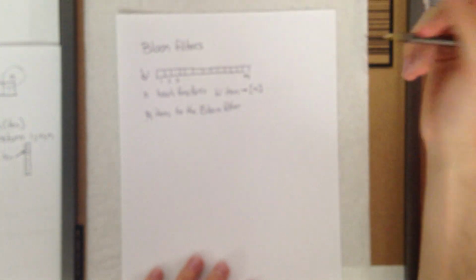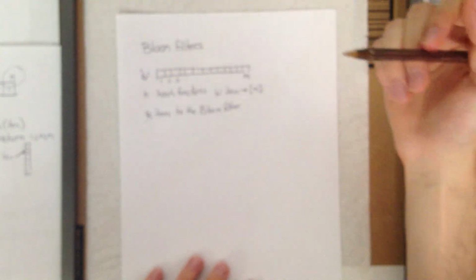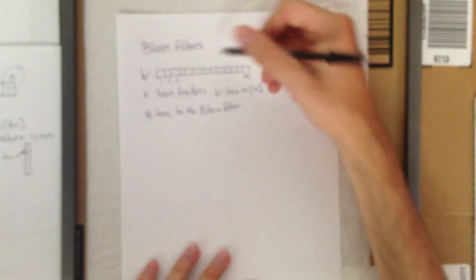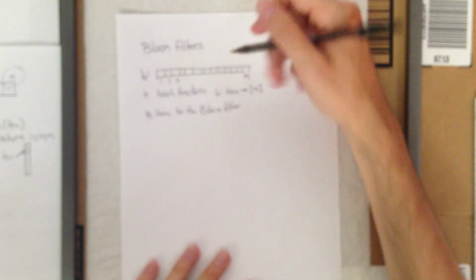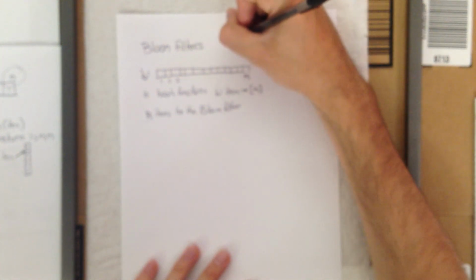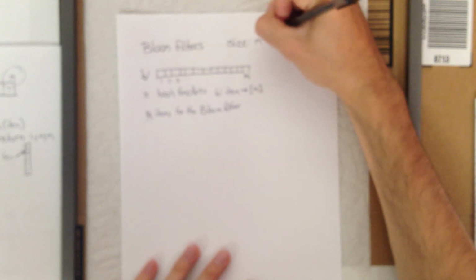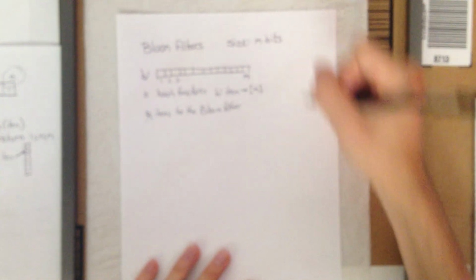And no matter how big the item is, the hash is always the same size. So the size of the Bloom filter is just m bits. I'm going to write that up here. And we'll see that this is actually really small compared to some alternate implementations of sets that we could be using.